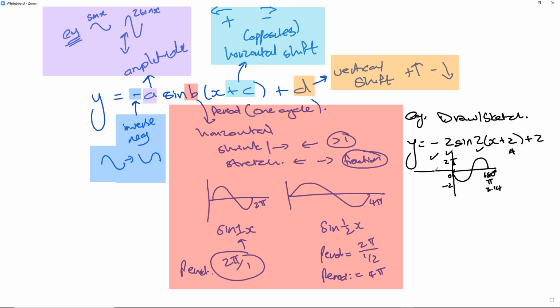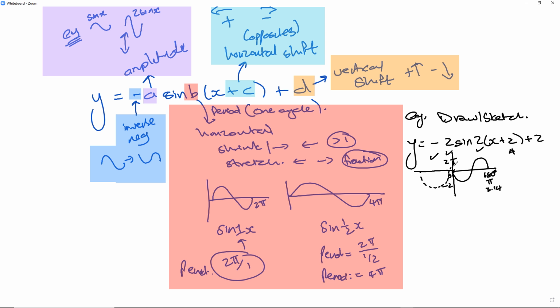So this is going to move all the way to the left, because it's positive, we go left by 2. So we're going to go like this, and the graph is going to shift left. It's going to start at negative 2 instead of 0, and it's going to end at 1.14 instead of 3.14, because it's going 2 to the left. All right, so it probably looks much more like this.